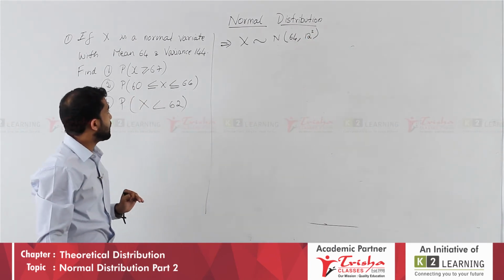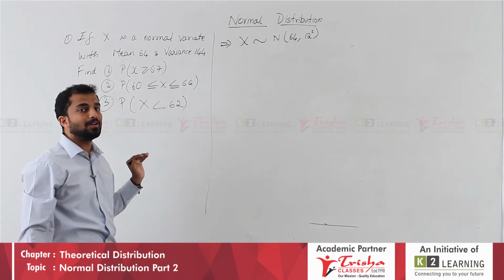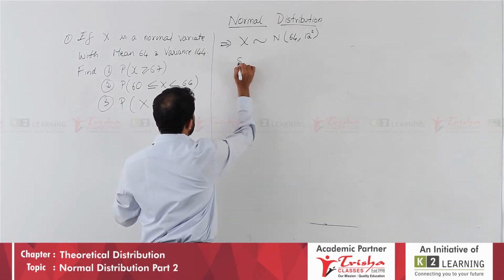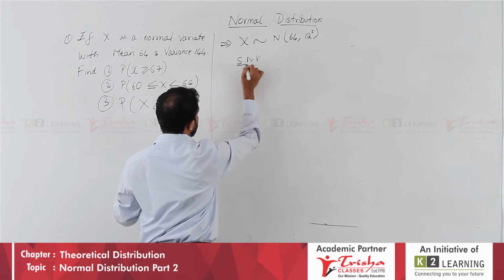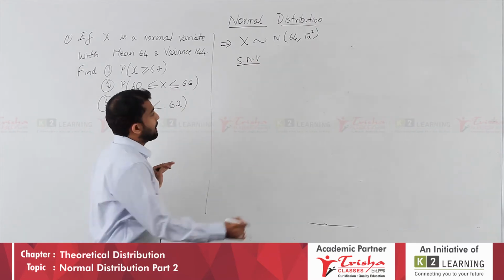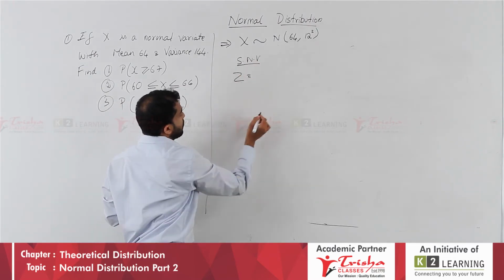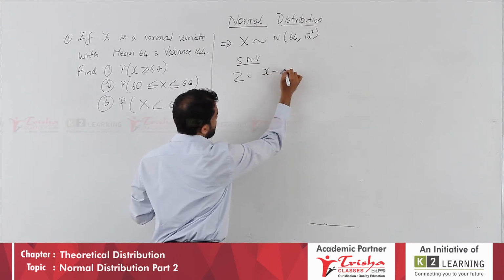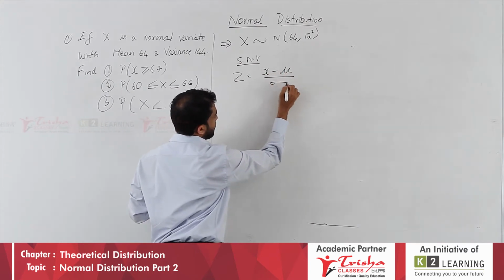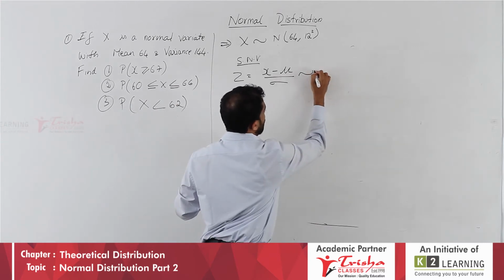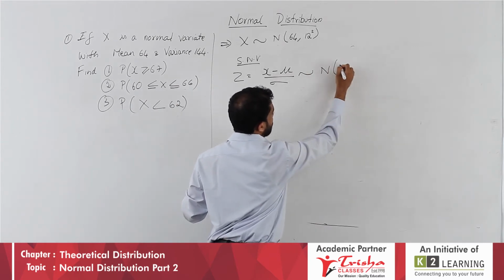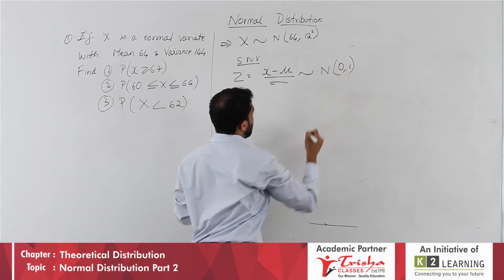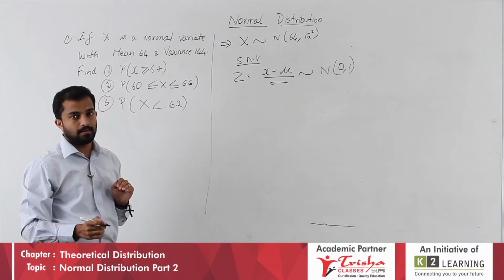Now, we need to write the standard normal variate here. So, standard normal variate, students, would be z is equal to x minus mu divided by sigma, and this follows normal distribution with the parameters 0 and 1.